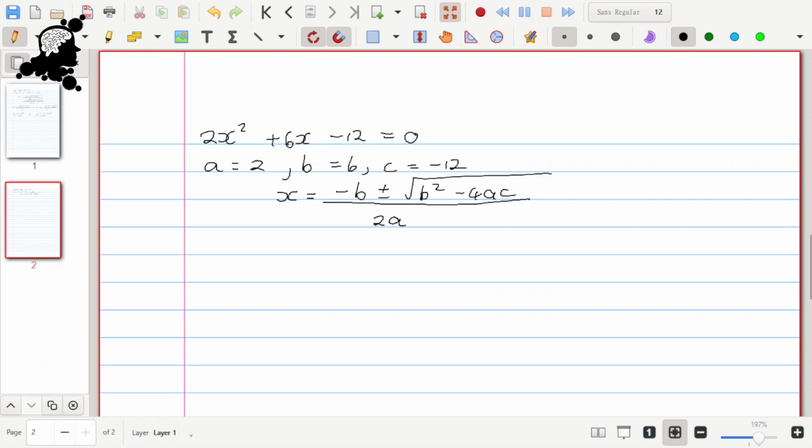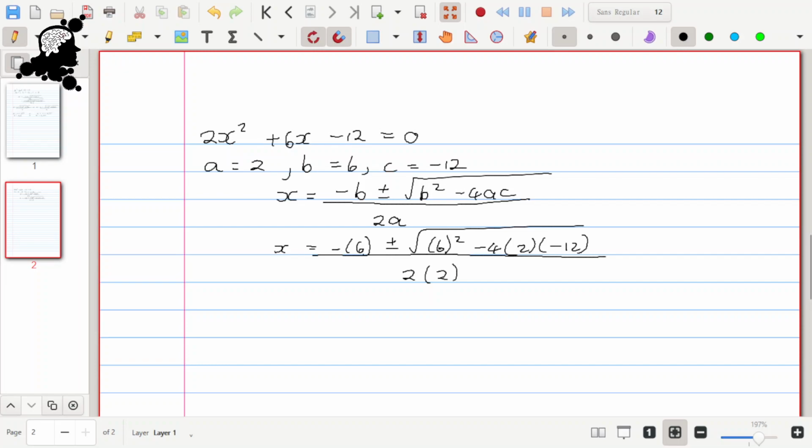Right, let's substitute what we know. So x is equal to negative 6 plus or minus the square root of, this is positive 6 squared minus 4 into 2 into negative 12. And this is all divided by 2 times the value of a, which is 2.